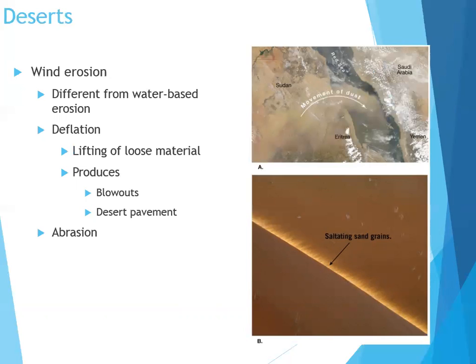So it has a smaller competence, meaning the smaller particle size that it's capable of moving, and it's going to transport less. Also, wind is not confined to a channel, so it can transport things in multiple directions over a large area. But it generally does not move very much. Wind-blown material is pretty insignificant compared to things moved by water and glaciers.